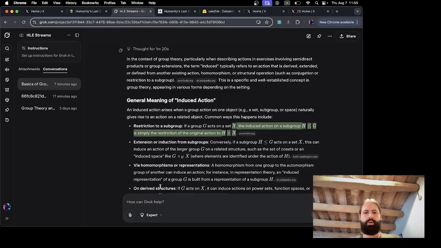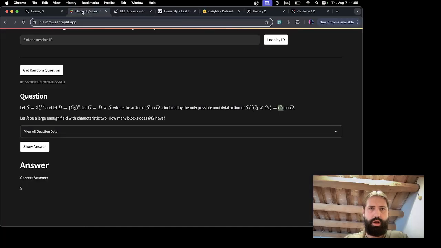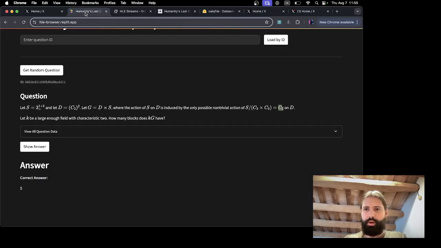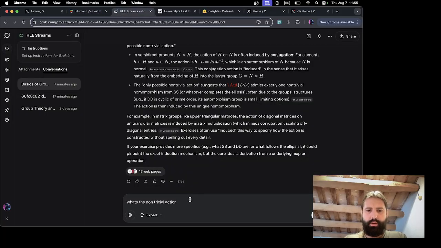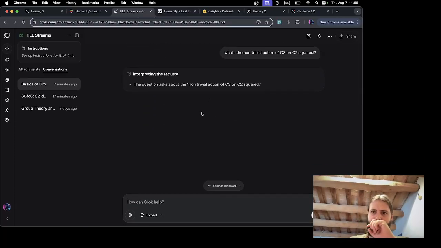Does Grok know this? What's the non-trivial action of C3 on C2 squared? Does it know this? The thing is, I also want to check what tools we could use.